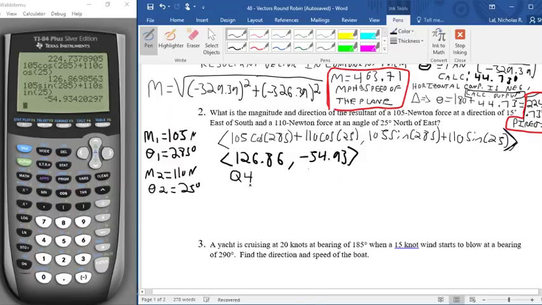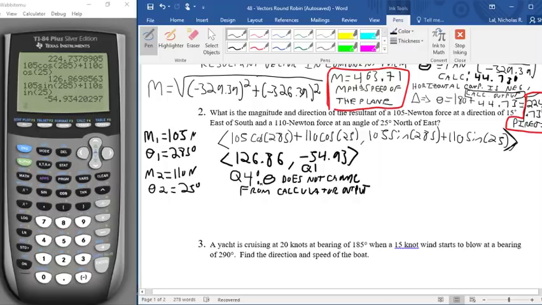In quadrant 4, our theta does not change from the calculator output. That's true for quadrant 4, and that's also true for quadrant 1.